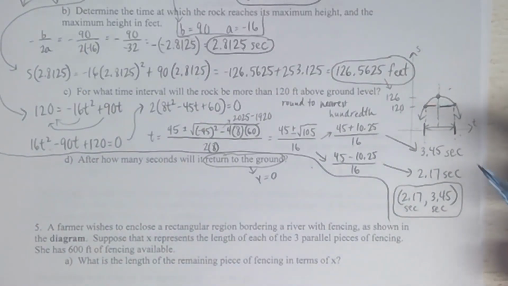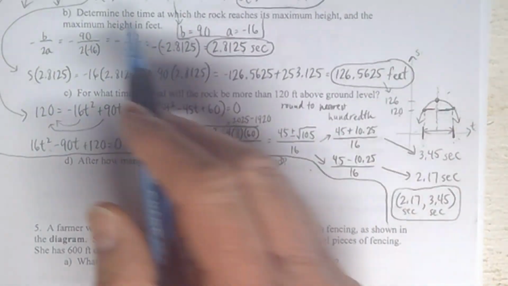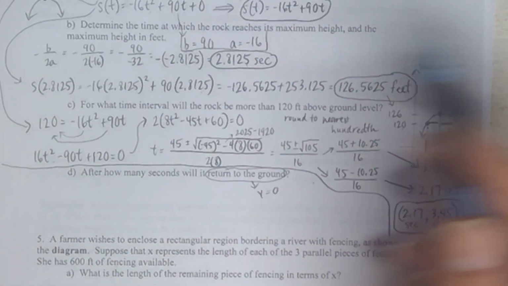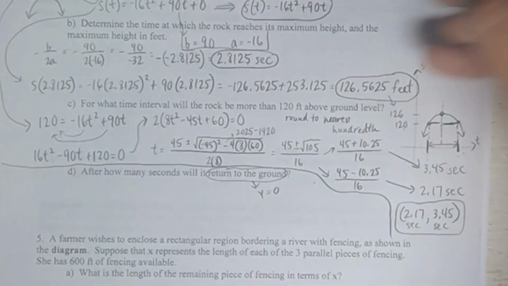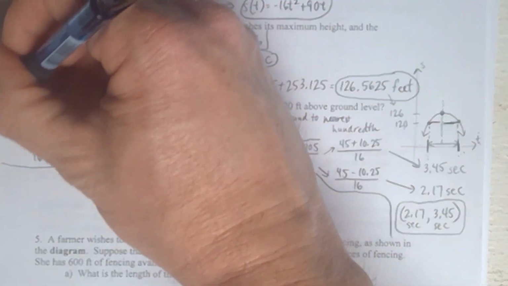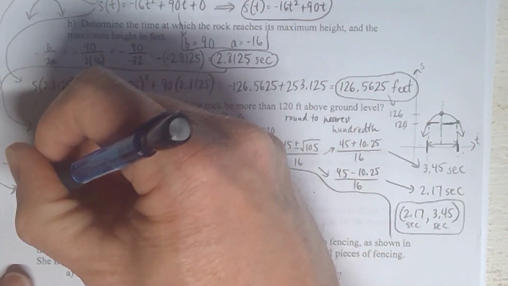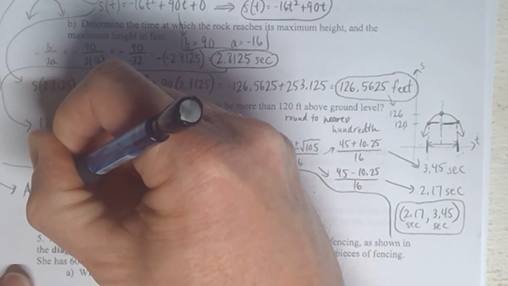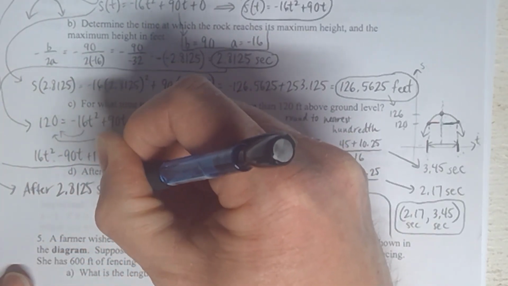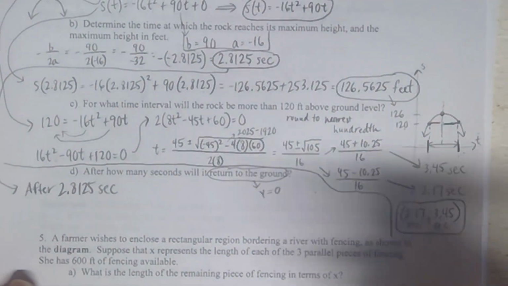How long did it take? It says up here in problem B that it took 2.8125 seconds. And so in order to figure out this final answer right here, you just have to say after another 2.8125 seconds, because it's going to be the same amount of time coming back down.